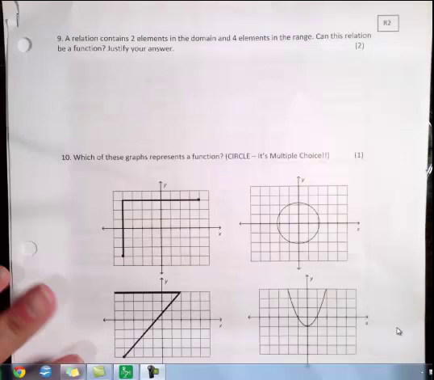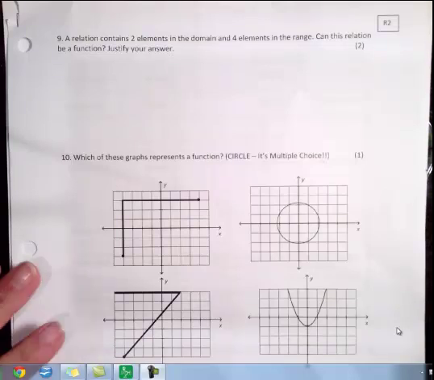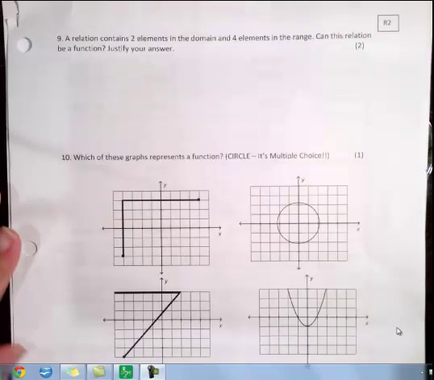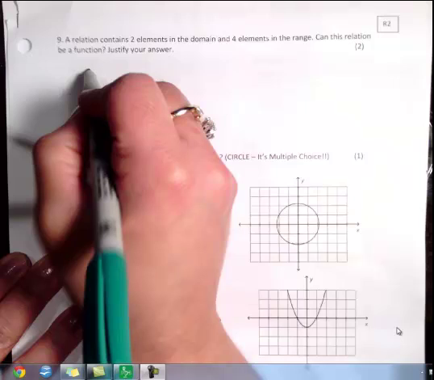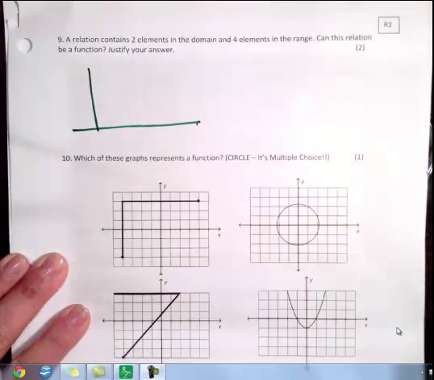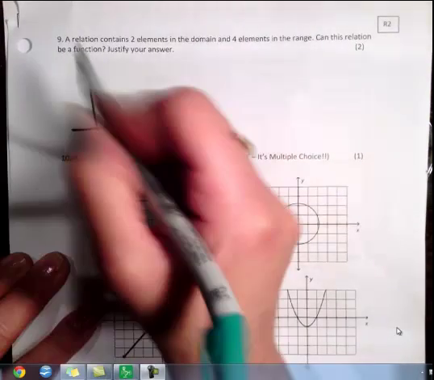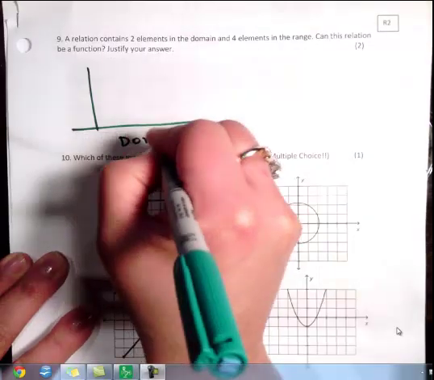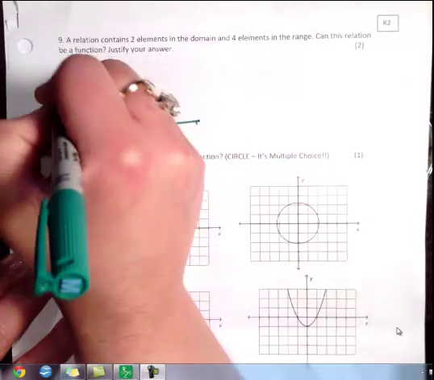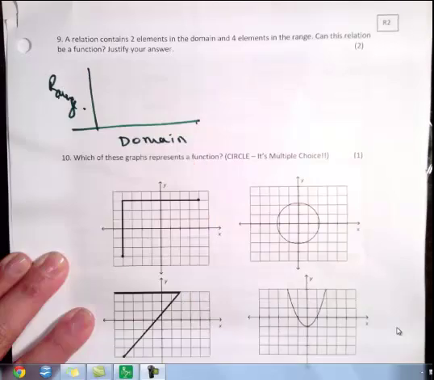Okay, so let's continue with R2. Question 9 says, a relation contains 2 elements in the domain and 4 elements in the range. Can this relation be a function? Justify your answer. Okay, so here's one example. If we were to look at some points on a graph, our domain would be here, and our range would be here, okay?